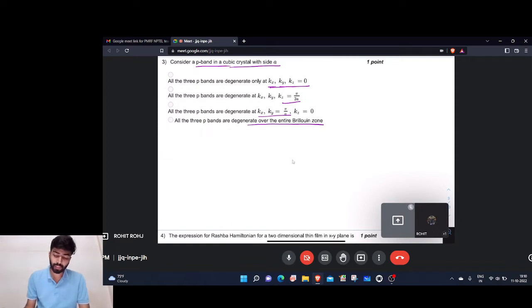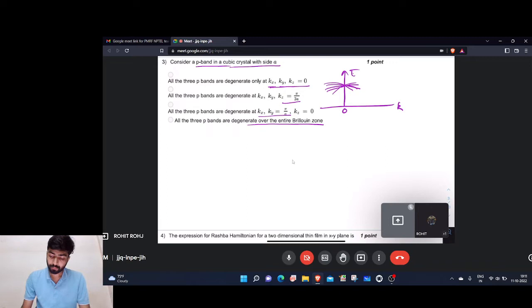Now in case of p bands, we know that if we draw the E-k diagram for p bands, let's say this is k equal to 0, the p bands are degenerate only at k equal to 0. So one can draw 6 p bands going from, let's say, the gamma point, and we have other high symmetry points as well.